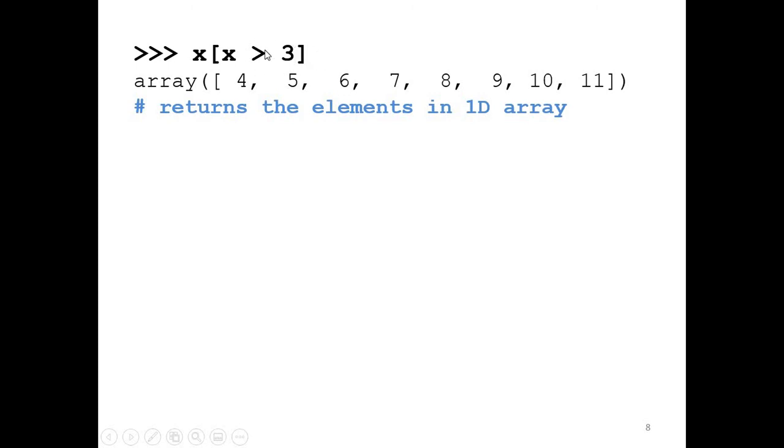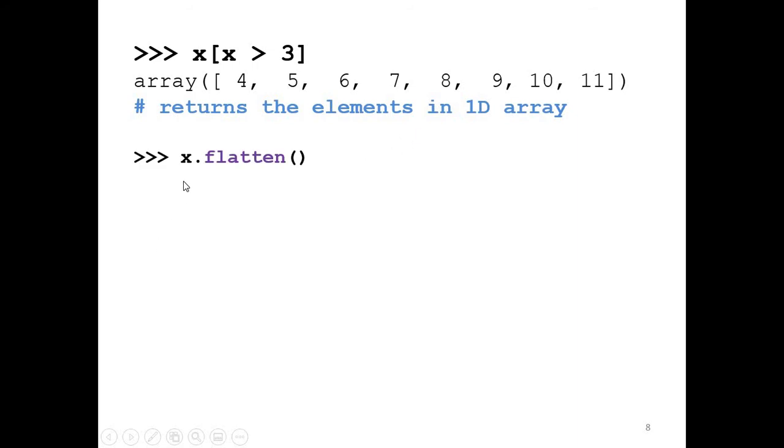So it has actually flattened out. It took all the elements and discarded the elements which are less than or equal to 3. The result is an array which is flattened. You had a two-dimensional array, but now you get back a flattened one-dimensional array.